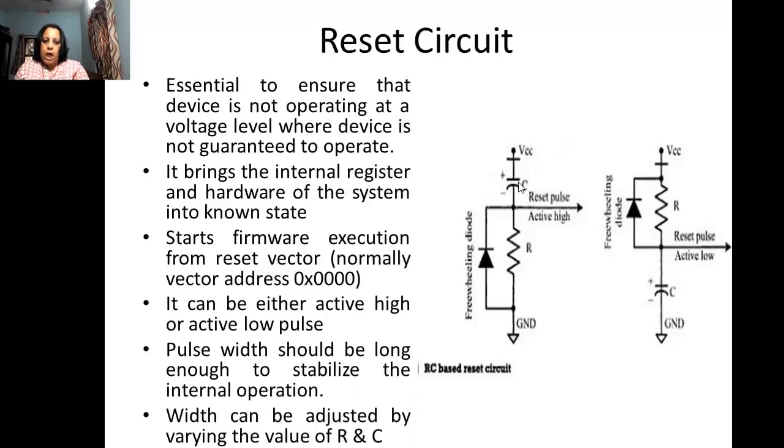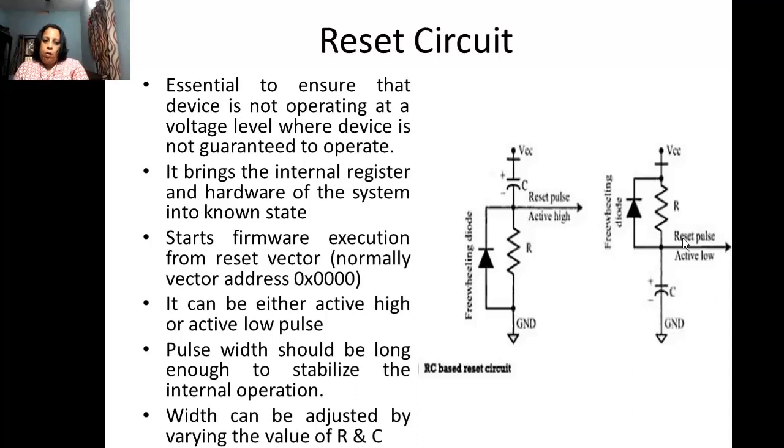You can see the RC based reset circuit drawn here in the slide. One RC combination gives an active high reset pulse, and the other gives an active low reset pulse. So the reset pulses can be either active high or active low.